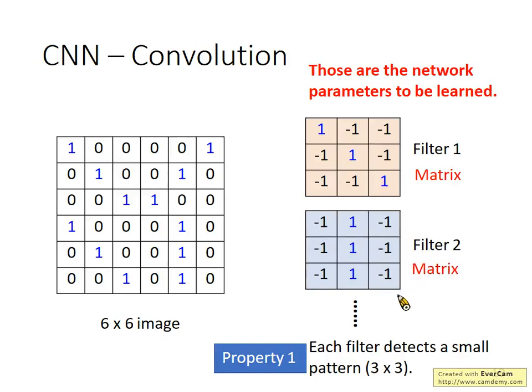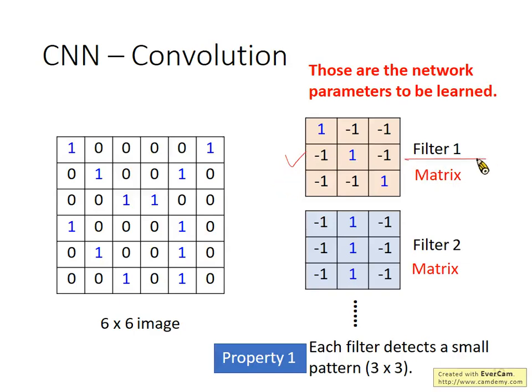And we can also define many other filters to do convolution. In fact, the parameters inside each filter will be learned automatically by the deep learning framework. Each filter detects a small pattern.